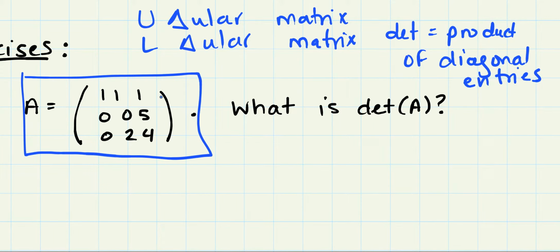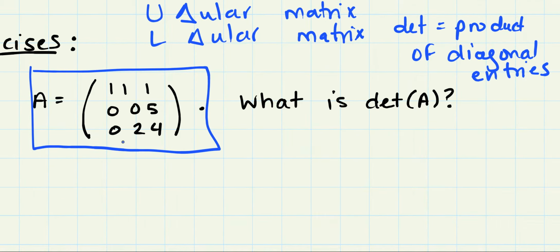This matrix that I have written here, it's not upper or lower triangular. Notice that it's not upper because I have a 2 here, not a 0. But it's pretty close to being upper. In fact, the only thing I would have to do to make this matrix an upper triangular matrix is switch these 2 rows.